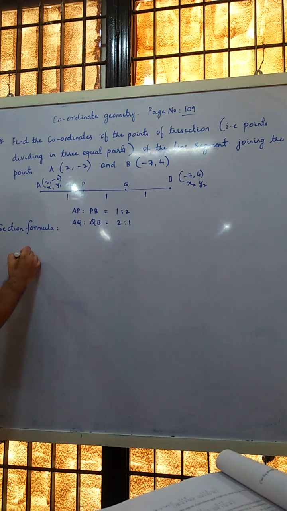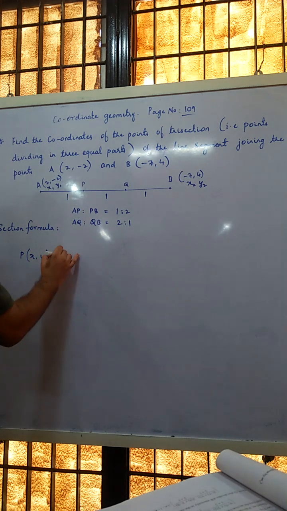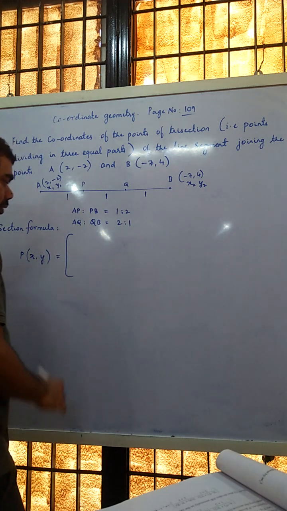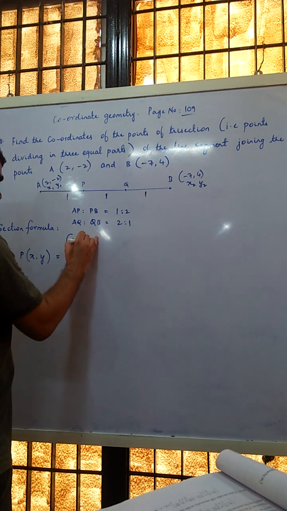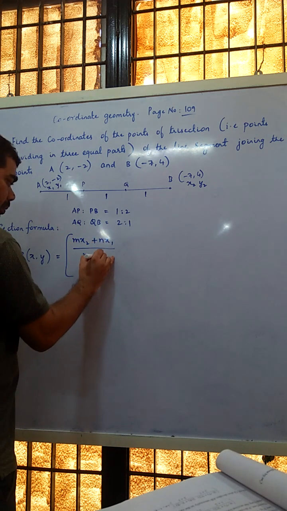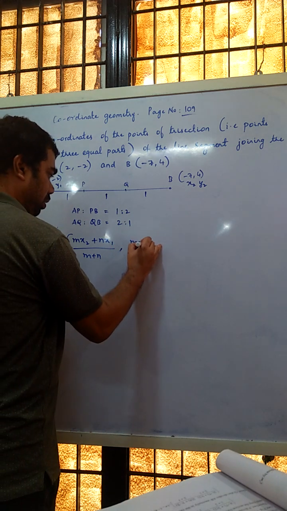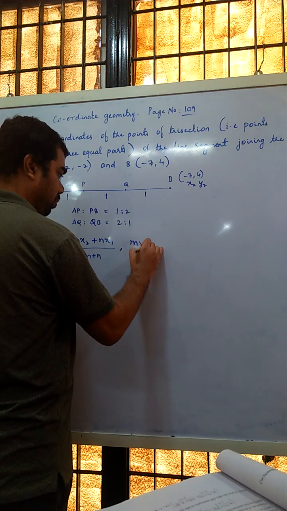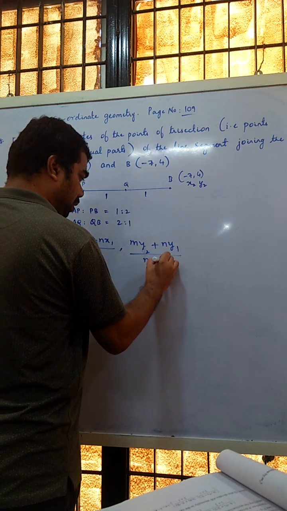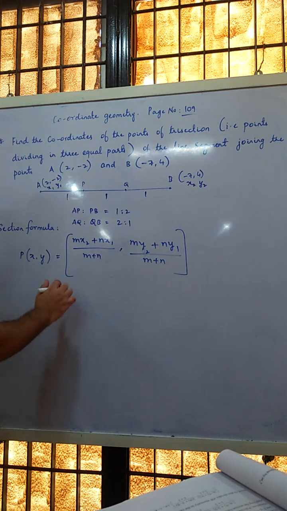So in order to find the coordinates of point P, I consider P(x, y) equals, the section formula goes like this: (m x2 plus n x1) divided by (m plus n), comma, (m y2 plus n y1) divided by (m plus n).